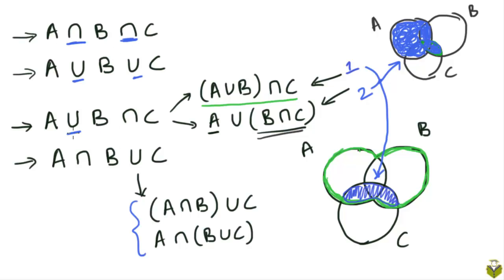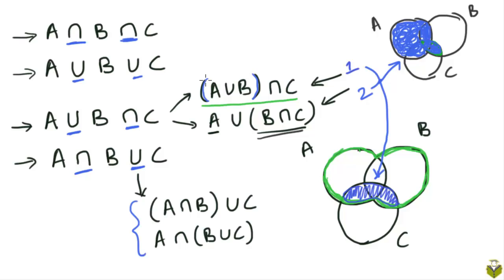But if we have two different operations being performed in series, then we have to clearly indicate what operation is to be performed first. Otherwise the result will be ambiguous, because it will depend on the order in which you perform these operations. And the way we specify the order is by applying these parentheses.